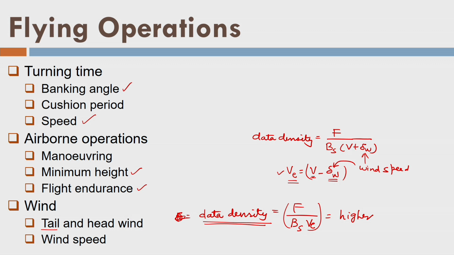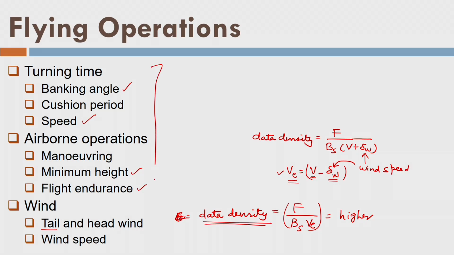So I will have inferior quality of my data, or the data density will be less. So we should consider all these factors when we perform the airborne data acquisition.